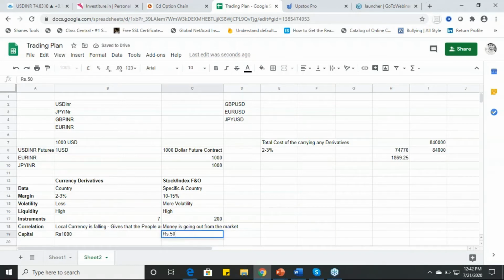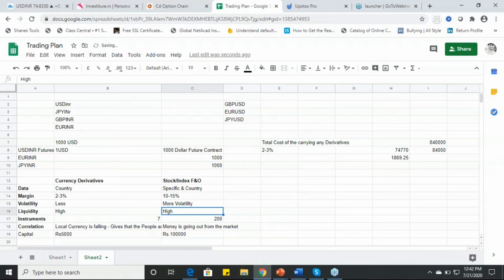So the minimum capital required before entering the option part of the index and stocks is more than 1 lakh. But when it comes to currency, you can start with as low as 1,000 rupees to 5,000 rupees. So that's the main thing about the currency part.